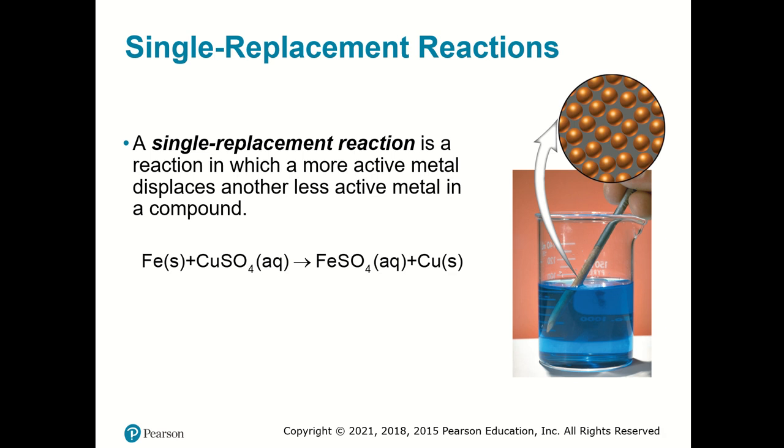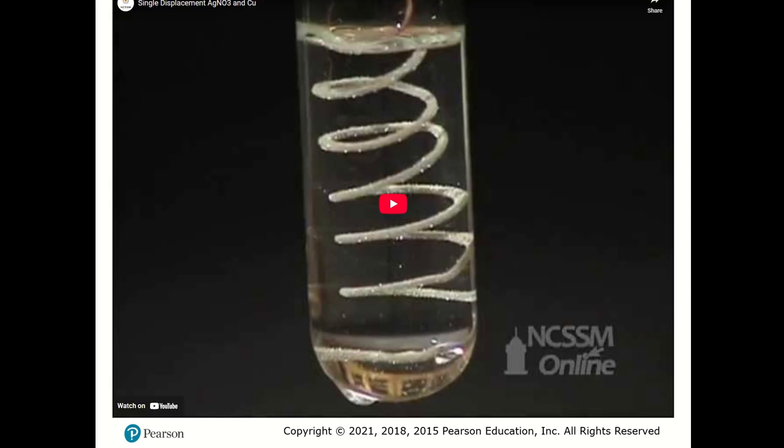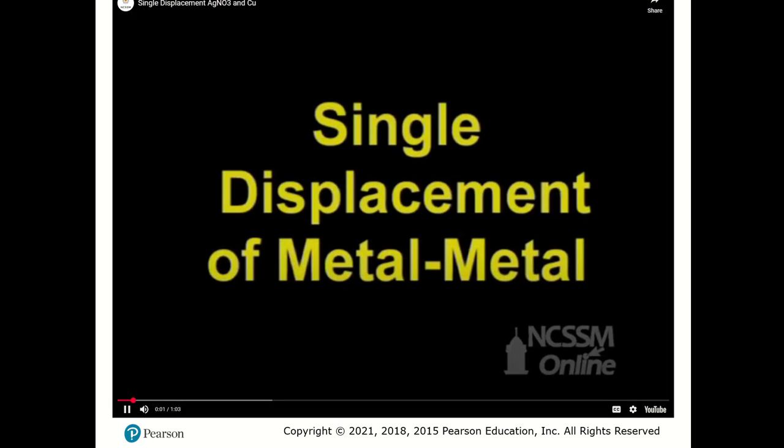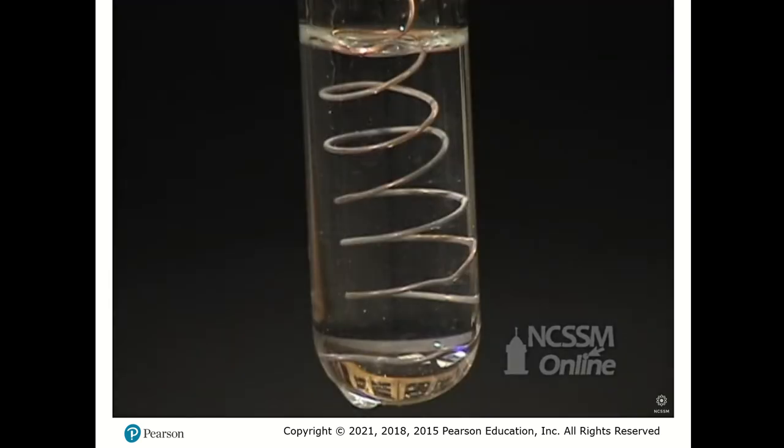It's a reaction in which a more active metal displaces another, less active metal in a compound. A very good example is this reaction over here. Very nice to see it. In the single displacement reaction of a metal replacing a metal ion from its compound, a more reactive metal will displace a less reactive metal from its compound. We have a solution of silver nitrate, and we're going to add some copper wire to the solution.